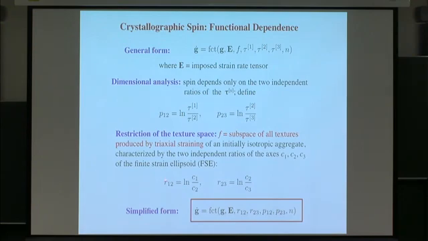So here I'm using, again, a logarithmic form with R12 and R23 being defined as the logarithms of the ratios of the axes of the finite strain ellipsoid. So the simplified form that gives us is G dot equals a function of G, E as before, R12, R23, that's these ratios here, P12, P23, that's these ratios here, and the power law index.